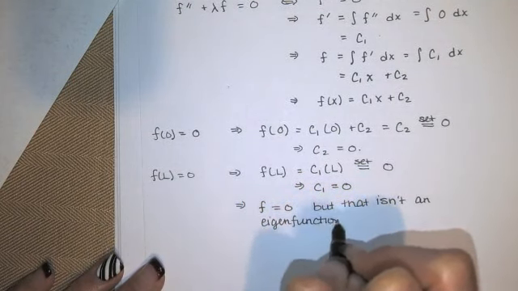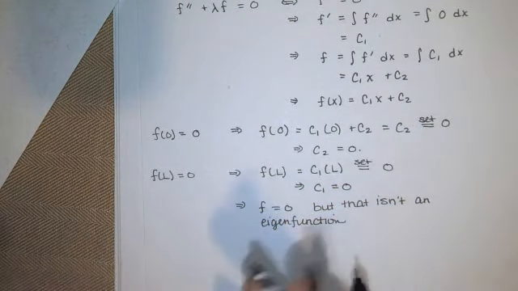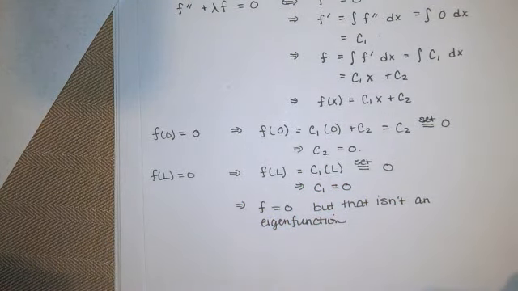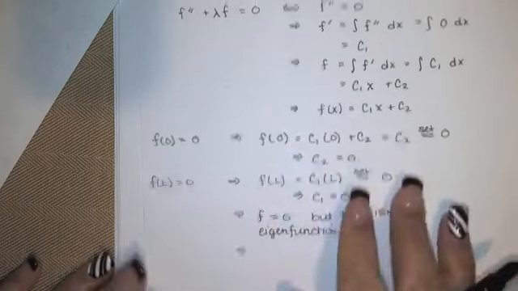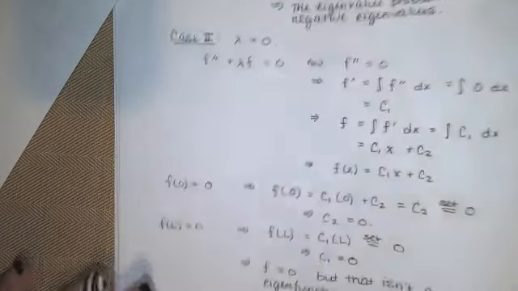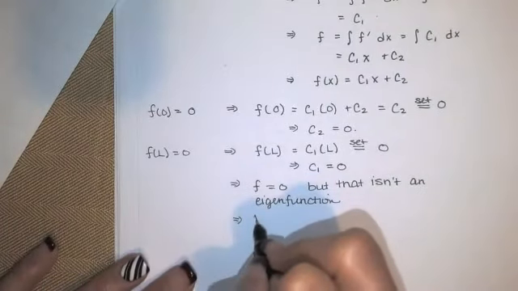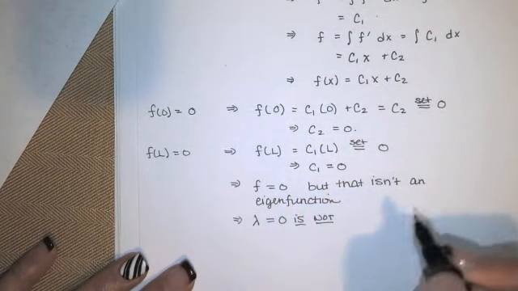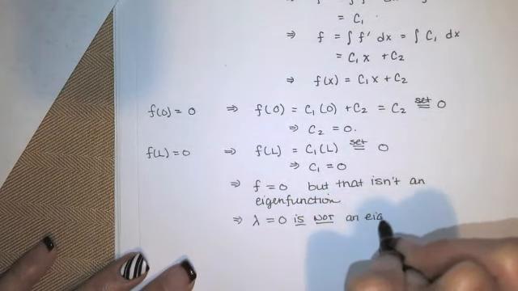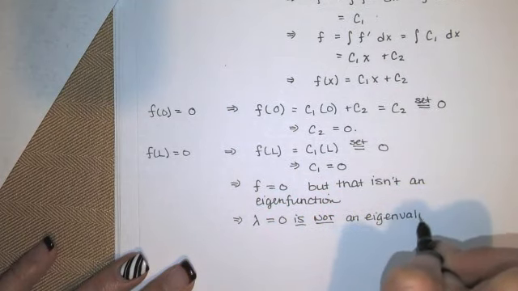But a 0 function can't be an eigenfunction, because eigenfunctions are by definition non-zero solutions to the boundary value problem. So that means that the lambda equals 0 that we used right here is not an eigenvalue. Okay.